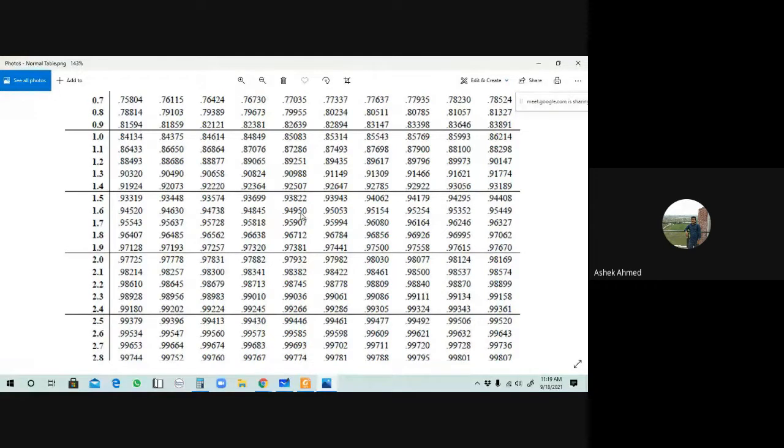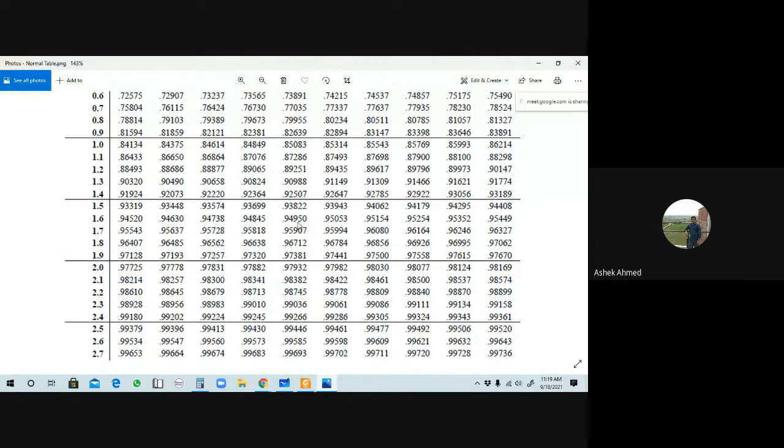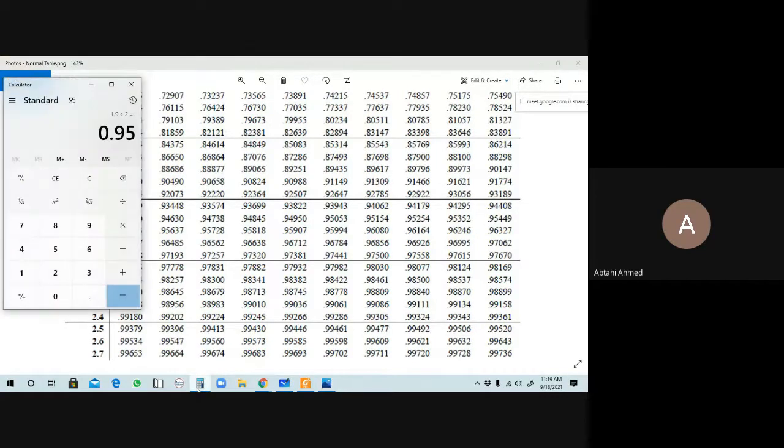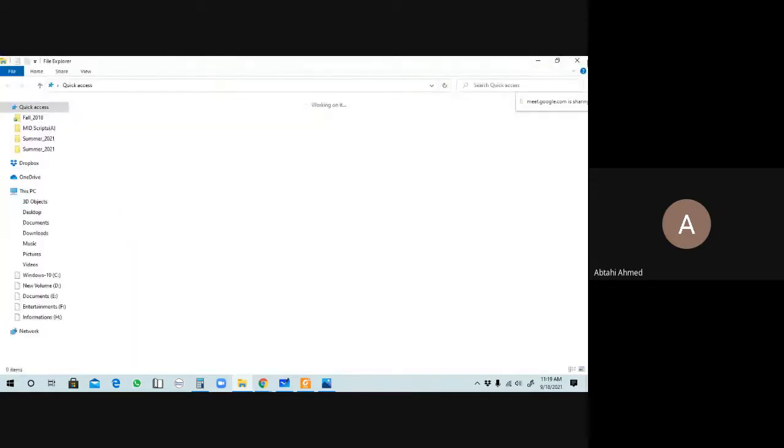Can you say 0.95 lies between these values? Yes, sir. But from here, 0.9495 is less than 0.95 by how much? Sir, 0.0005.